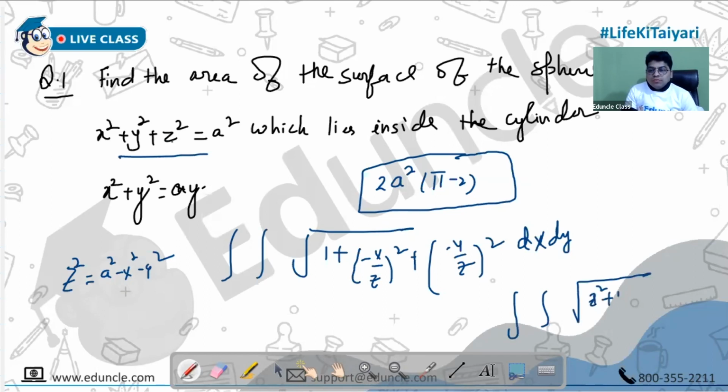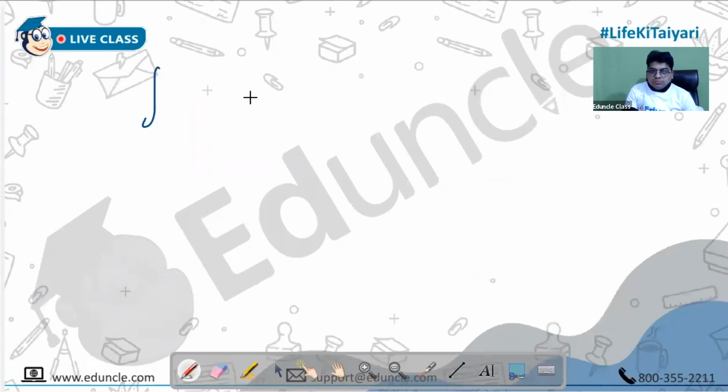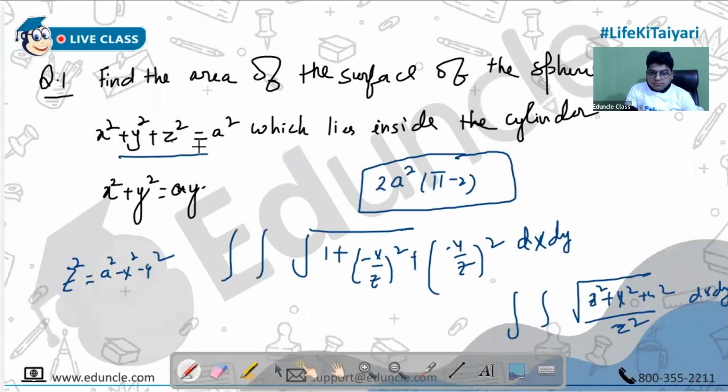So we get x square plus y square plus z square over z square dx dy. The problem is x square plus y square plus z square is that surface which we have integrated.